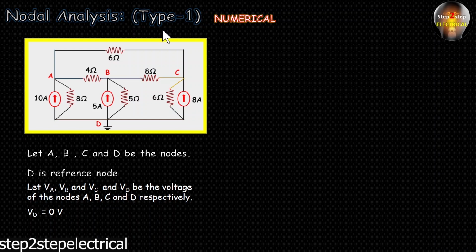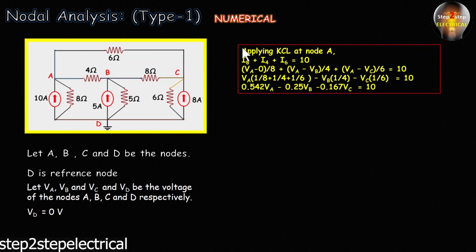Now we will apply KCL at node A, node B and node C. On applying KCL at node A, we get I8 plus I4 plus I6 is equal to 10. I8 is the current flowing from A to D, I4 is the current flowing through the 4 ohm resistor from A to B, and I6 is the current flowing from node A to C through the 6 ohm resistor.